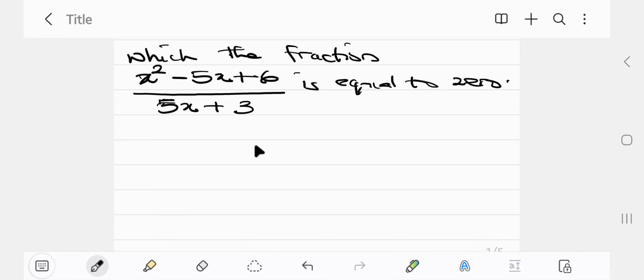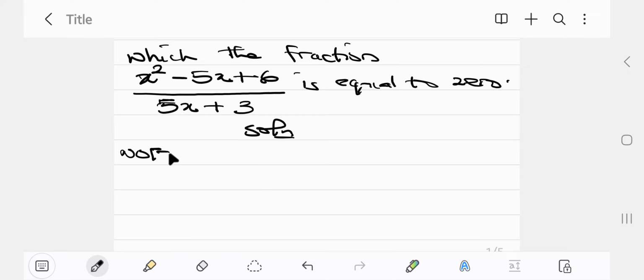So the question is for us to find the values of x for which the fraction x squared minus 5x plus 6 divided by 5x plus 3 is equal to 0. So let's get to work.